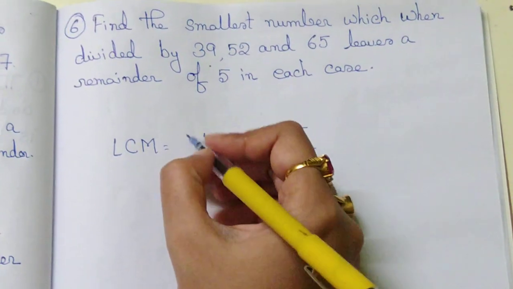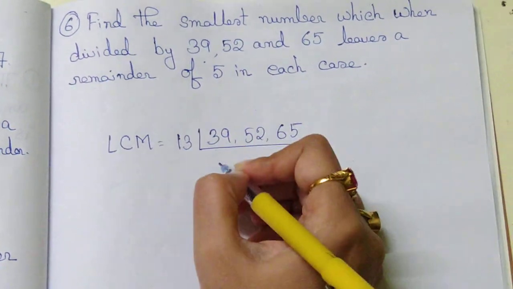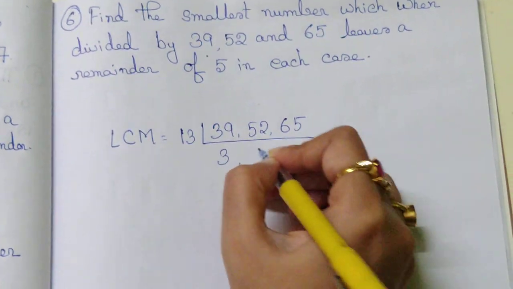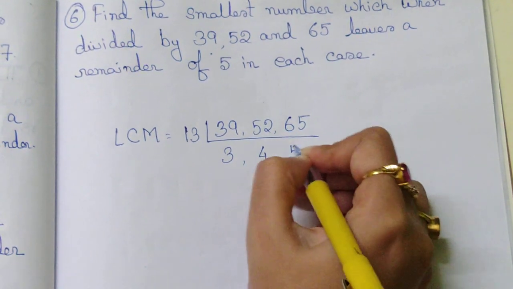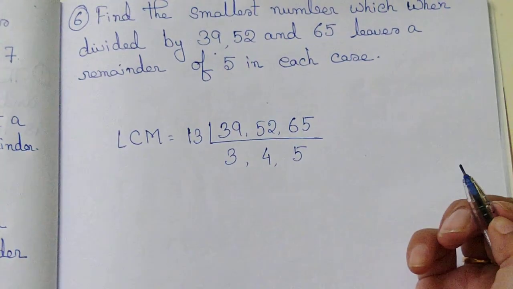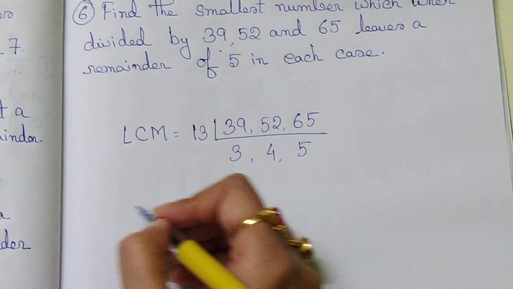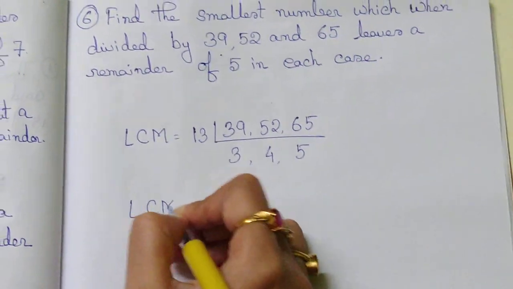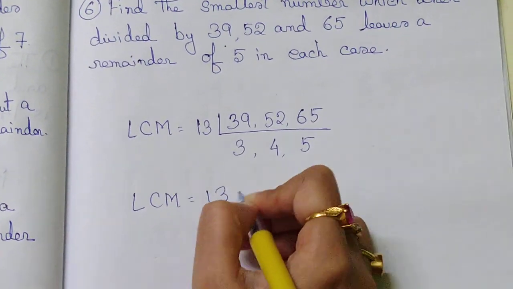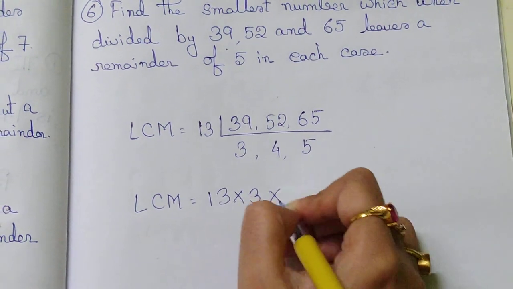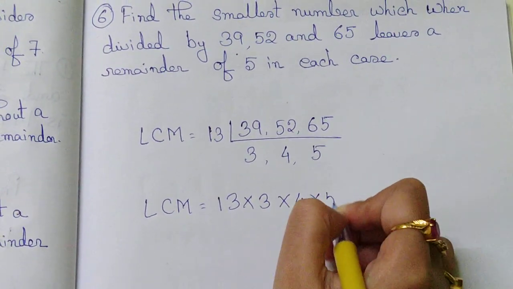I can do it by 13. 13 3s are 39, 13 4s are 52, 13 5s are 65. More I cannot divide. So LCM equals to 13 into 3 into 4 into 5.